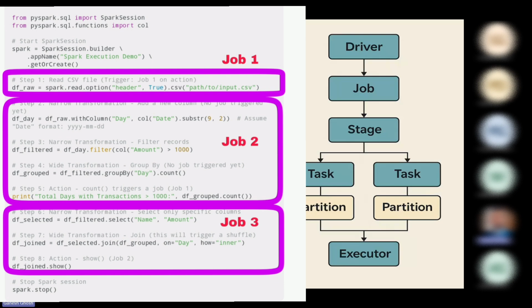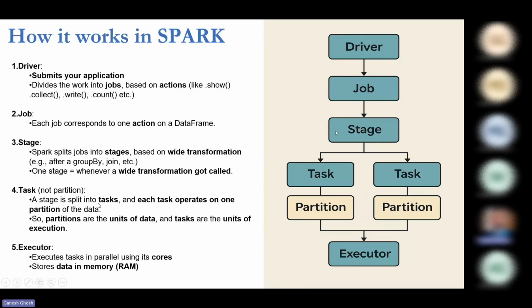Now let's see how that job gets divided into stages. After job, it is creating stages. Now how does a job decide to create stages? So let's read it. Spark splits jobs into stages based on wide transformations.